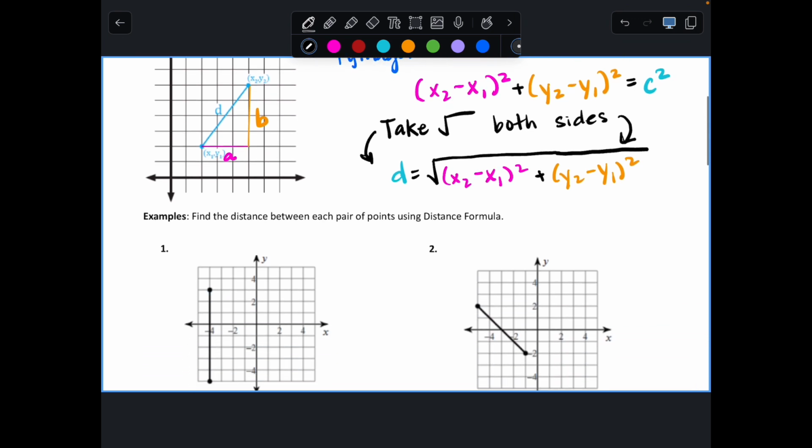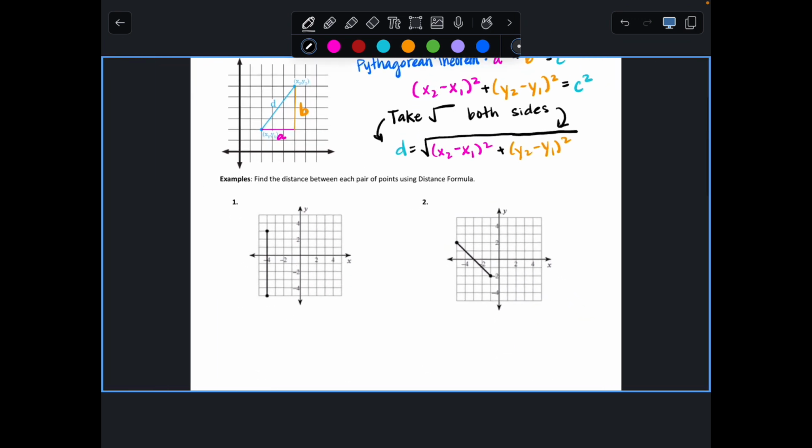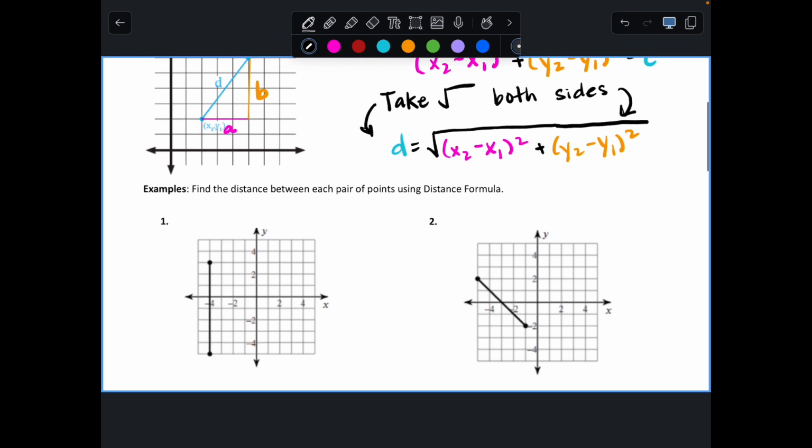So let's look at number 1. Now just looking at number 1, what's the distance? The length of that line, 8. You just count the boxes, right?